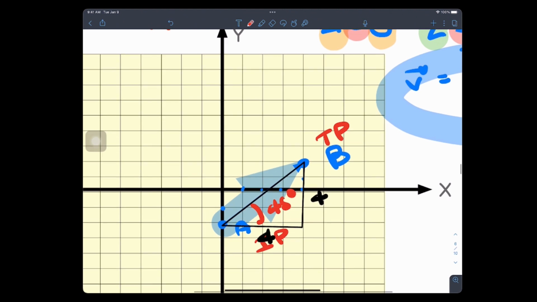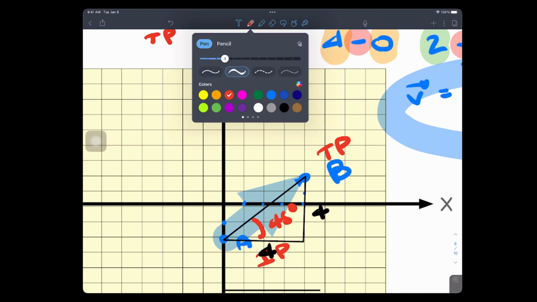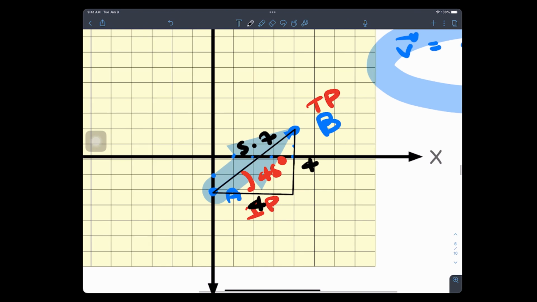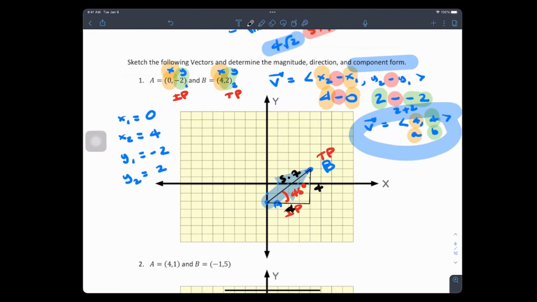Don't remember. 5.7? Was that the length we just got? Okay. So those are the details of this, ladies and gentlemen. So I guess in some ways, they're just finding the component form, the angle and direction.